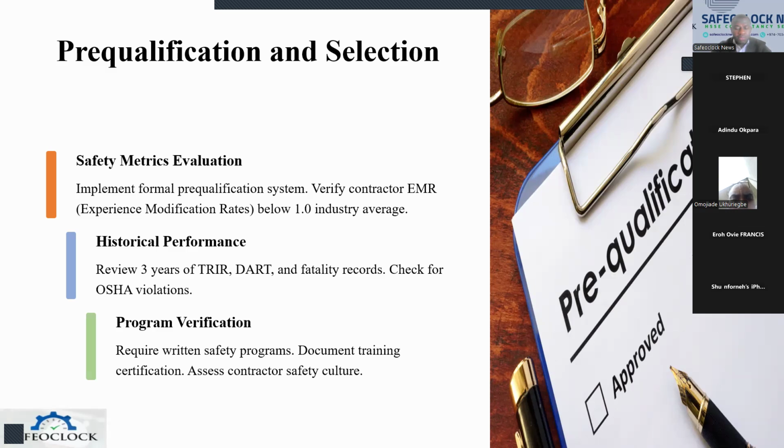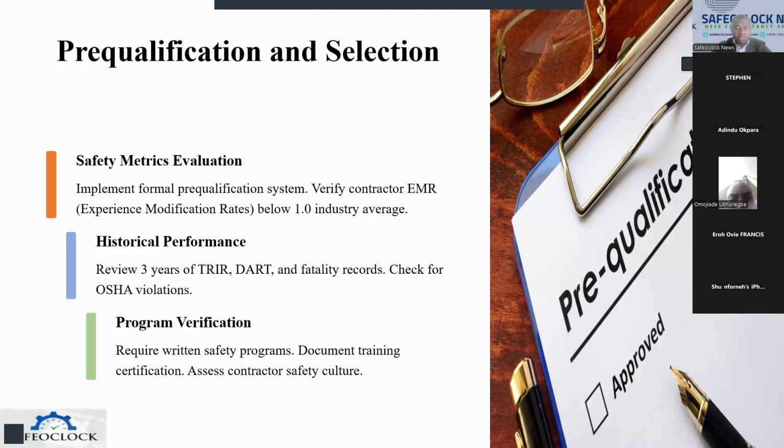But when you have 1.1 and above, it means the organization has a series of workplace incident-related issues, and believe me, the organization is likely not to have such projects awarded to them.